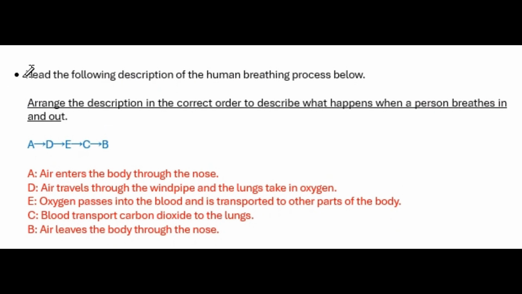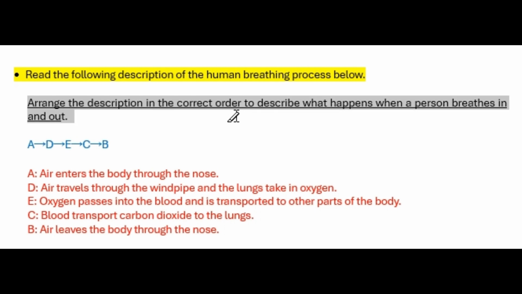Read the following description of the human breathing process below. Arrange the description in the correct order to describe what happens when a person breathes in and out. EDECB. Air enters the body through the nose.